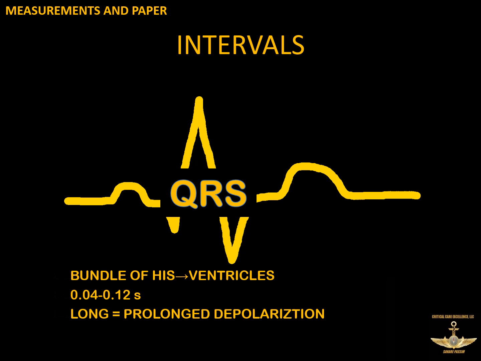And what that means is it's taking longer for the impulse to get through all the ventricles to produce that good synchronized ventricular contraction, which will pump blood evenly and predictably. And so when you see long QRS complexes or long QRS interval, what that's telling you is you have prolonged depolarization.